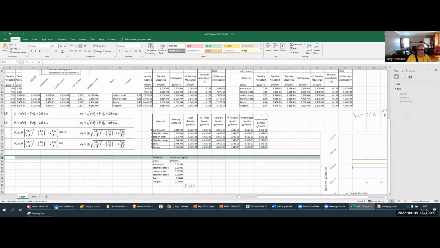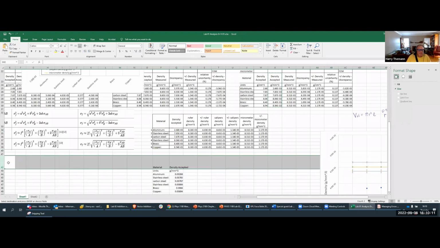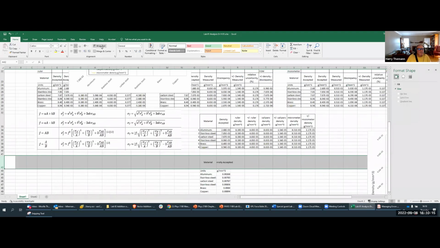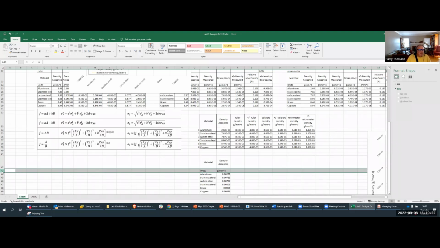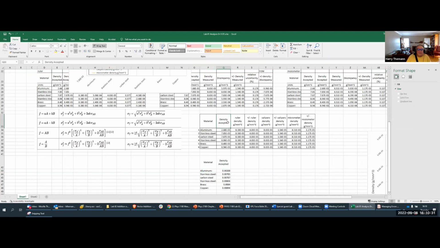And then stuff like, I want to format that, so I center it, and I want to wrap text so it all fits in. Now, to make my life easier down the road, I decided to get rid of this row. And here, I just realized I needed to also add the units, grams per millimeter cubed.